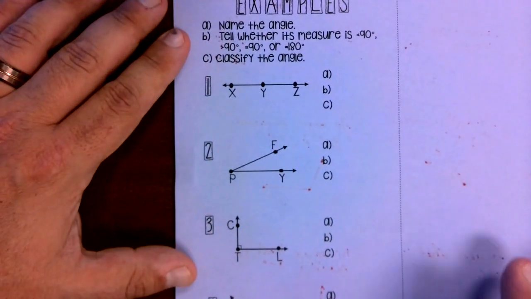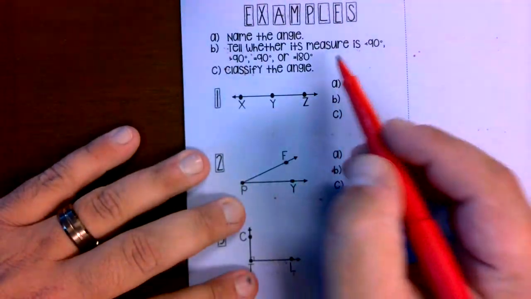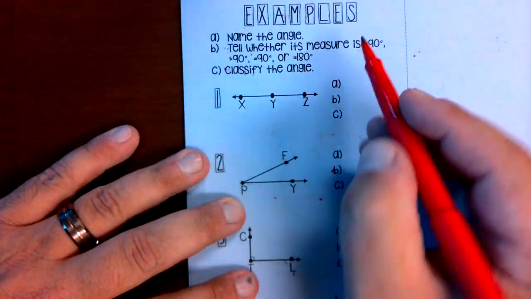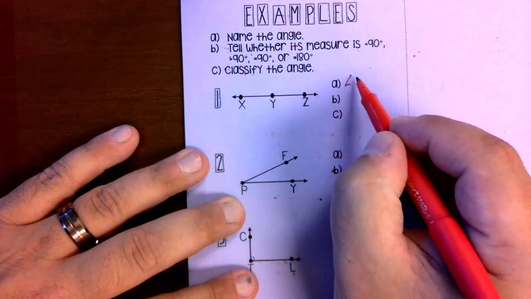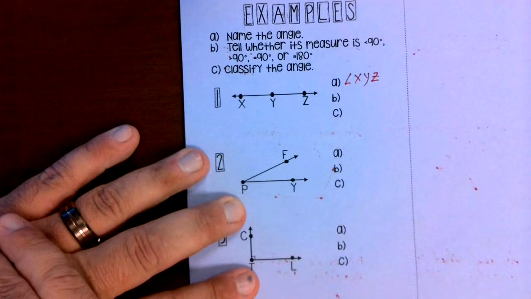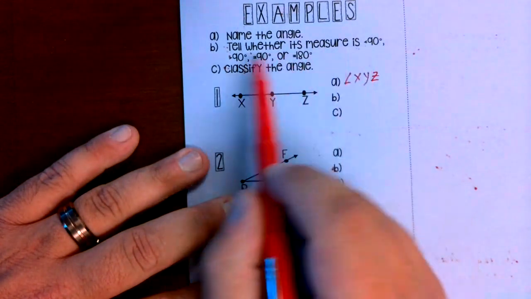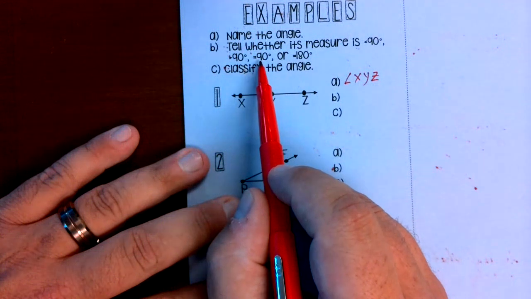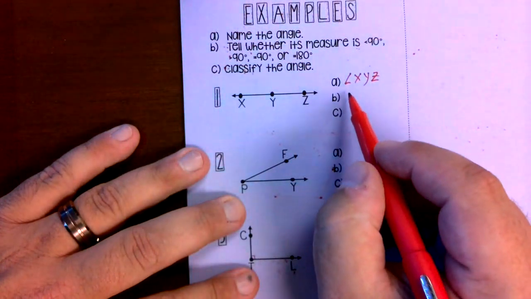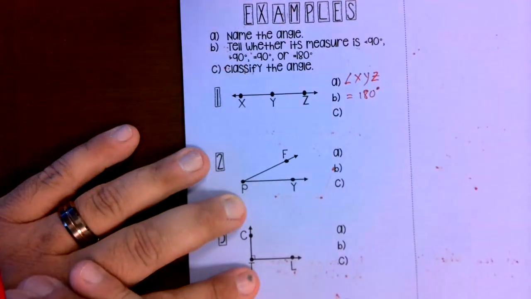Now, in the back of this, we're going to do this in a few different ways. I want to name the angle. That's the first thing here. So I'm going to name this angle. I'm going to say this is angle XYZ. Then I'm going to say whether it's less than, greater than, or equal to 90 or equal to 180. This equals 180 degrees.